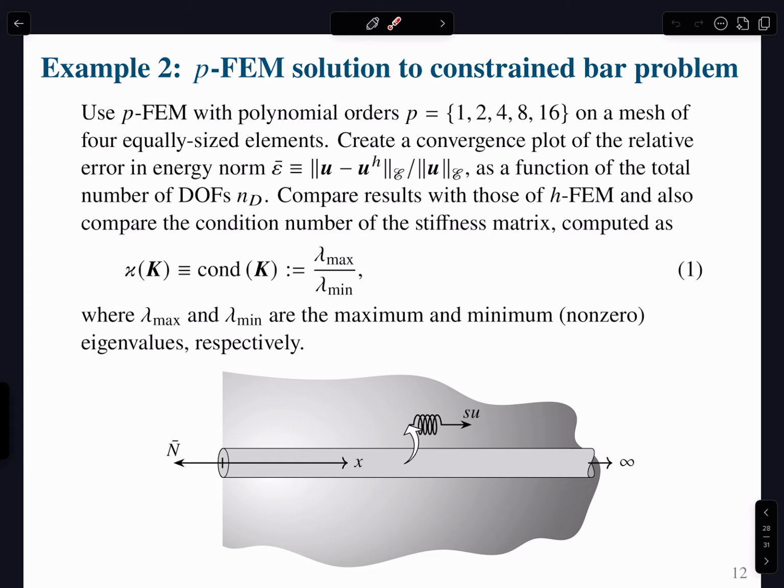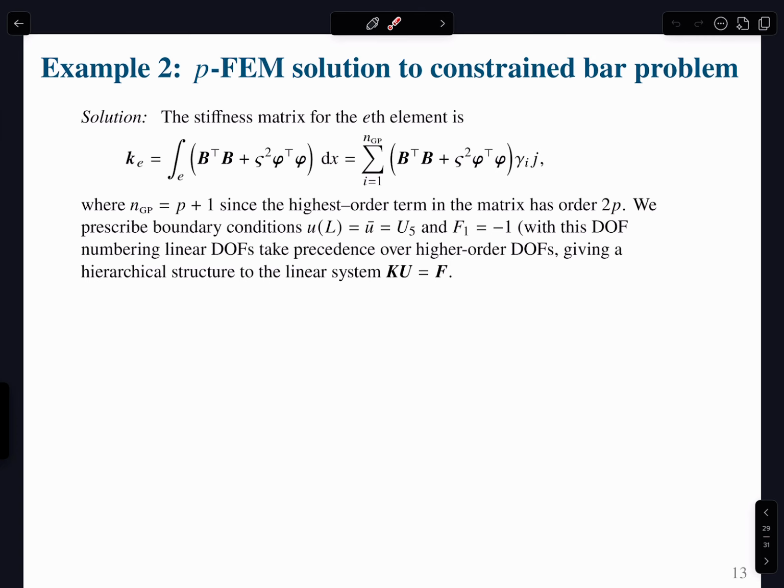We had an analytical solution for this problem, if you recall the first lecture, and so it's nice to revisit that problem. When we look at the stiffness matrix, just because of the effect of that spring constant, we have this extra term that pops up. That is the only difference so far with respect to what we have been looking at earlier.